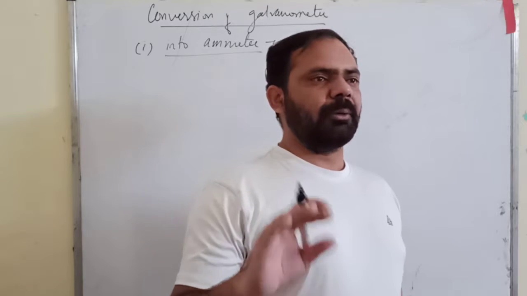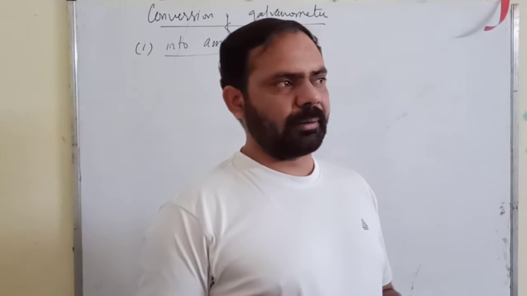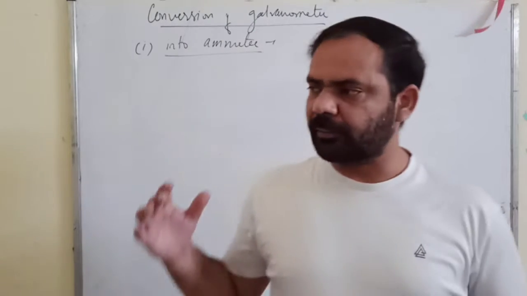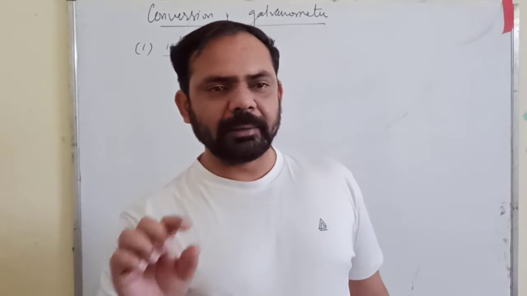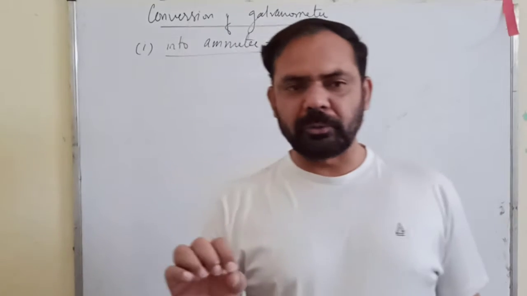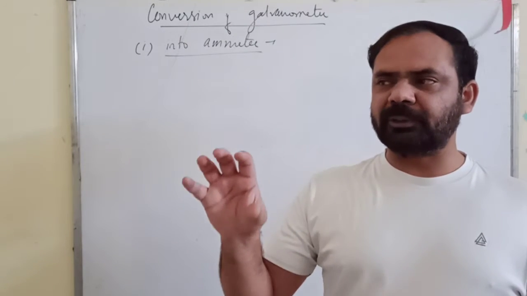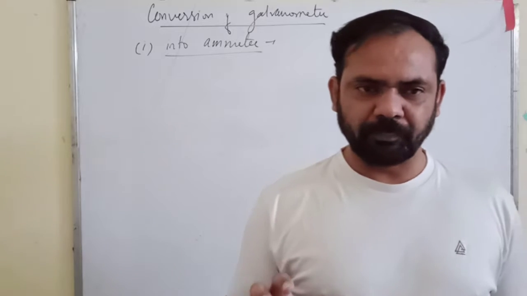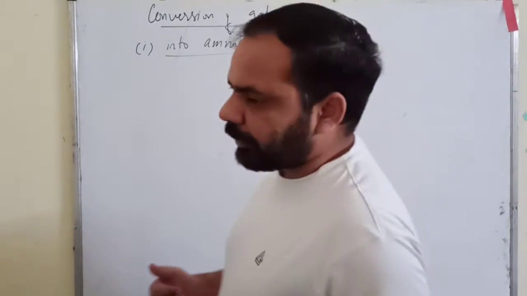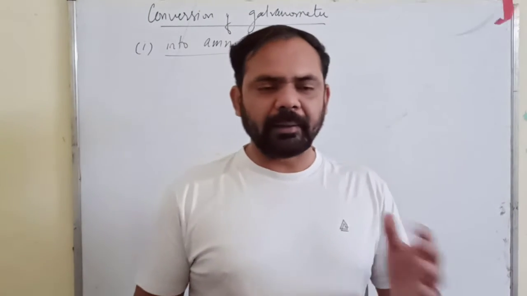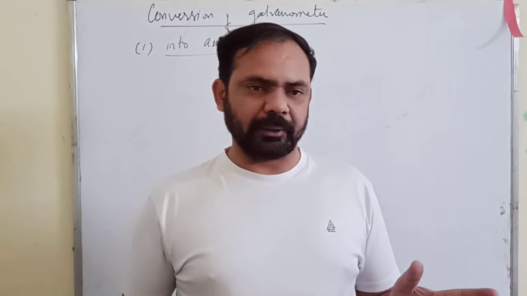Okay, we know that, first of all, let me tell you something about the difference between a galvanometer and an ammeter. Galvanometer is a device which is particularly used to determine the presence of current in the circuit. So galvanometer is a device which is used to detect the presence of current in a circuit.